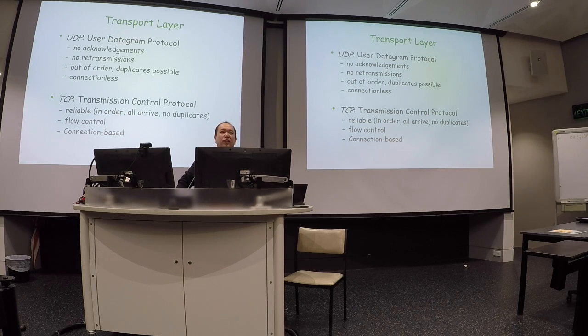And there is no change of communication order. The first byte you send will always be the first byte you receive. And TCP also provides flow control and congestion control, as we mentioned before. Those control mechanisms help us to use the communication resources better, and we will see why. But you can see that we have two very different transport layer services that can both be accessed through the socket programming interface.